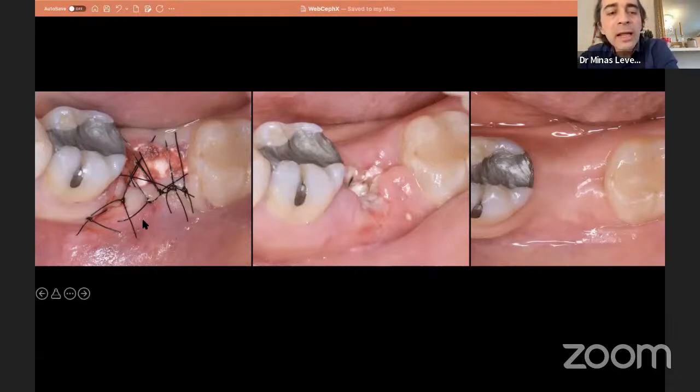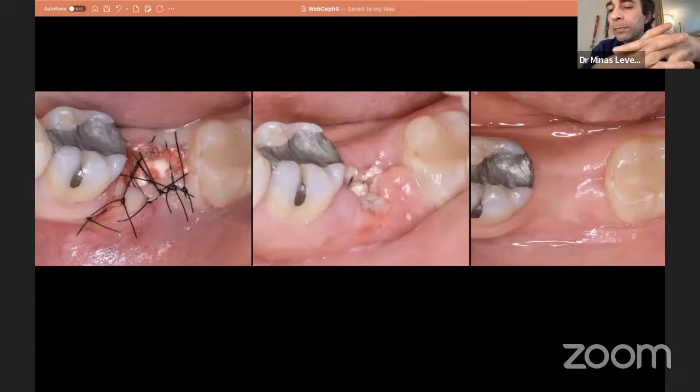Again, I have to point out that if we advance the flap more, then we will take all this non-keratinized pink tissue from the buccal side and push it more to the cervical level here. So we will disturb and ruin the vestibule and the topography of the soft tissues. The best idea is to try to leave it open, to let it heal by secondary intention. And in this way, we will get here a good amount of newly formed keratinized soft tissues.